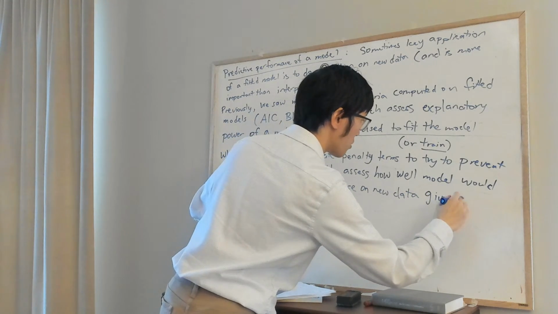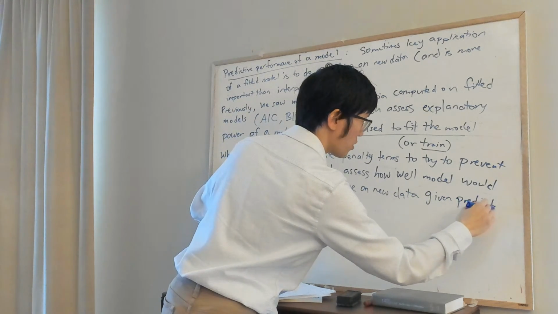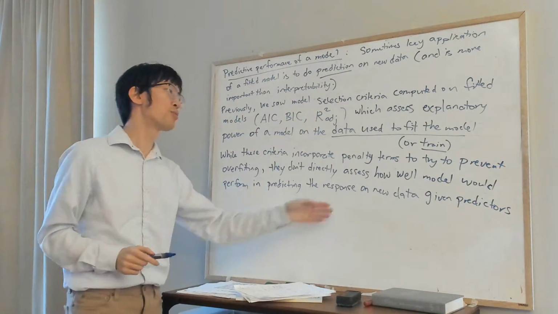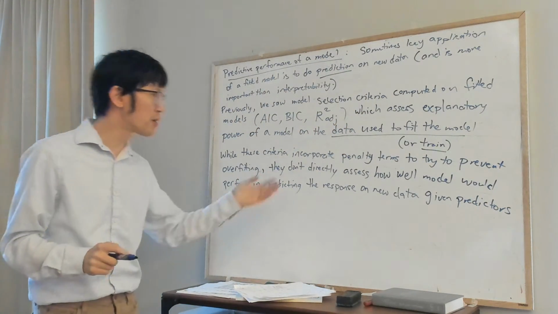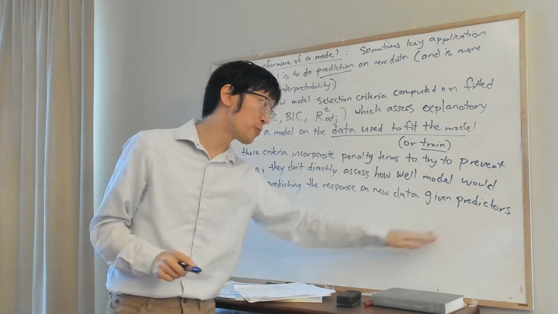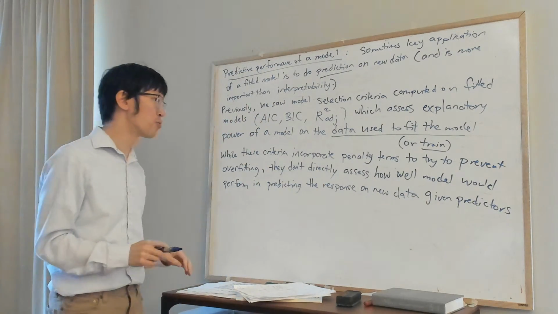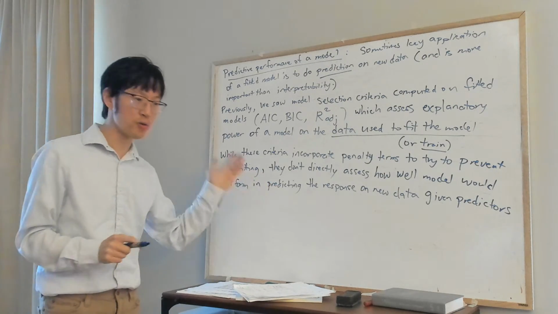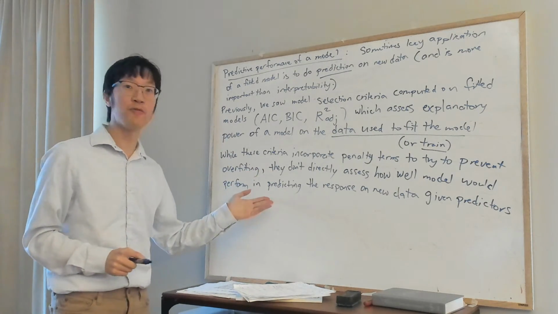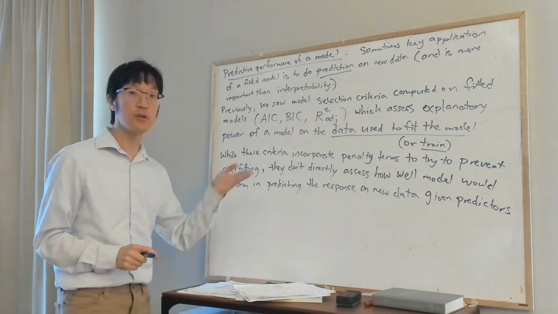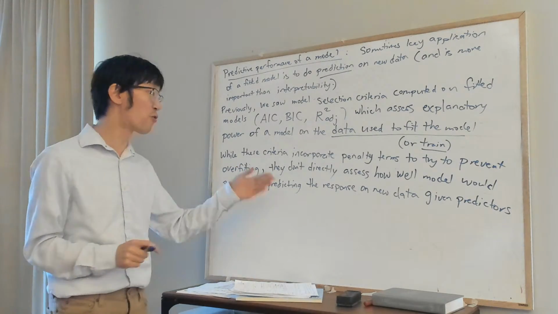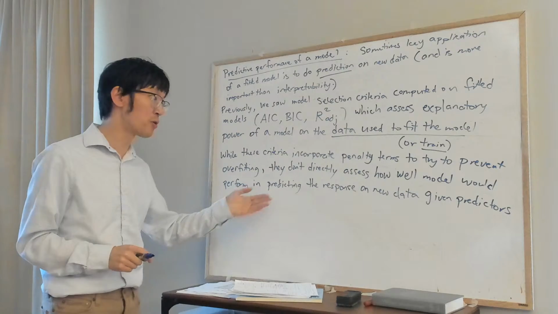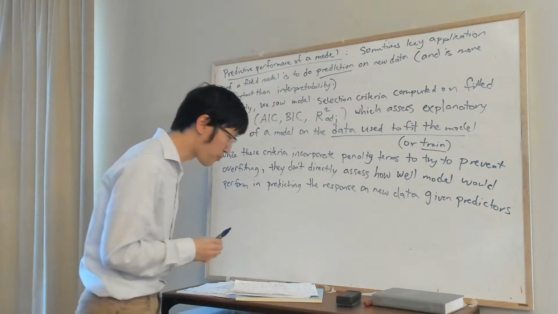That's what we mean by predicting the response. We've already seen formulas for how to do prediction, such as prediction intervals. So we know the formula to do it. The question is how accurate these predictions are going to be.